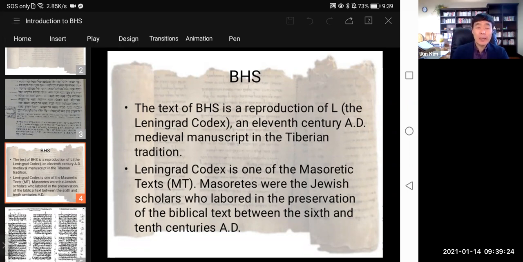As I just explained last week, it's amazing to see how carefully our Hebrew Bible has been preserved. They even counted the number of all words and put in the location of the midpoint. We are going to talk about this in terms of textual criticism.